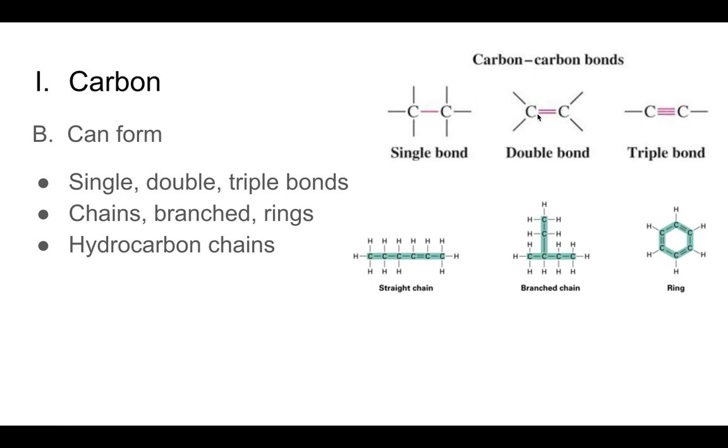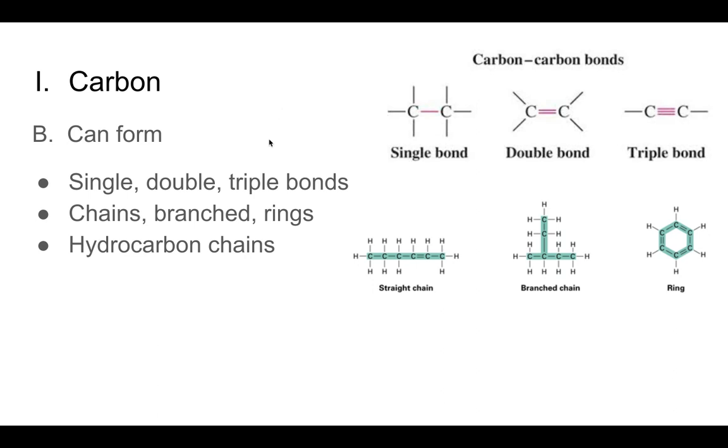Off of this carbon, there's one, two, three, four. Coming off of this carbon, one, two, three, four. Same thing over here. Each of these three, plus their outer bond, gives us four. So they can form single, double, and triple bonds.